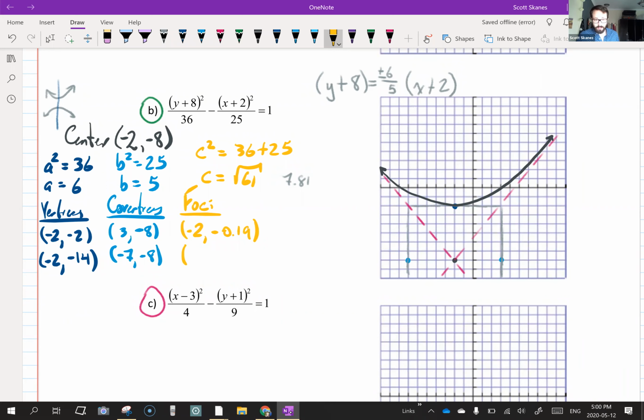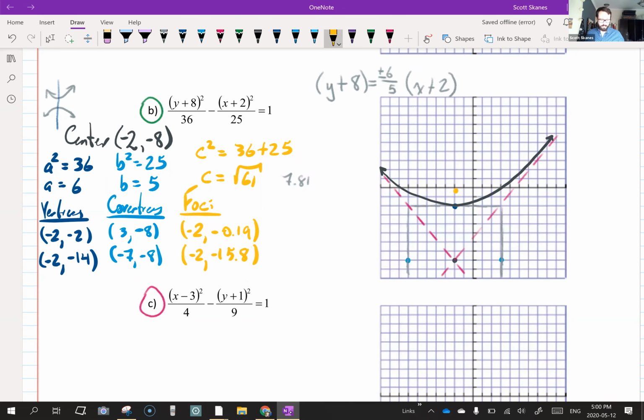And then what's next? The x stays -2. The next one is -8 minus 7.81, which is -15.81. Super weird, but we'll do what we can. We need to go negative, so that's going to be about this. So hopefully you can see the focus there.